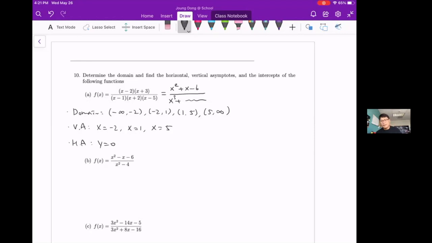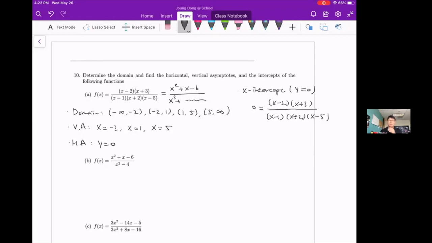And then what about the x-intercept? To find the x-intercept, we set y equals 0, which is y equals (x minus 2)(x plus 3) over (x minus 1)(x plus 2)(x minus 5).